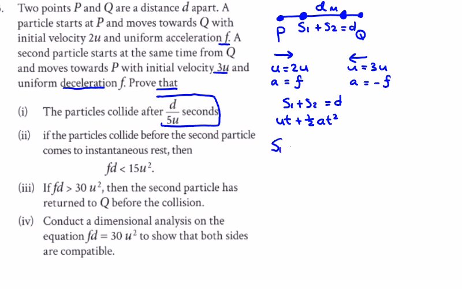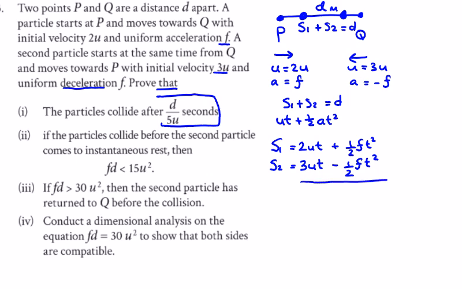S1 is equal to 2u times t plus a half a, which is F, times t squared. S2 is equal to initial velocity of 3u t, and it's going to be minus a half F t squared.